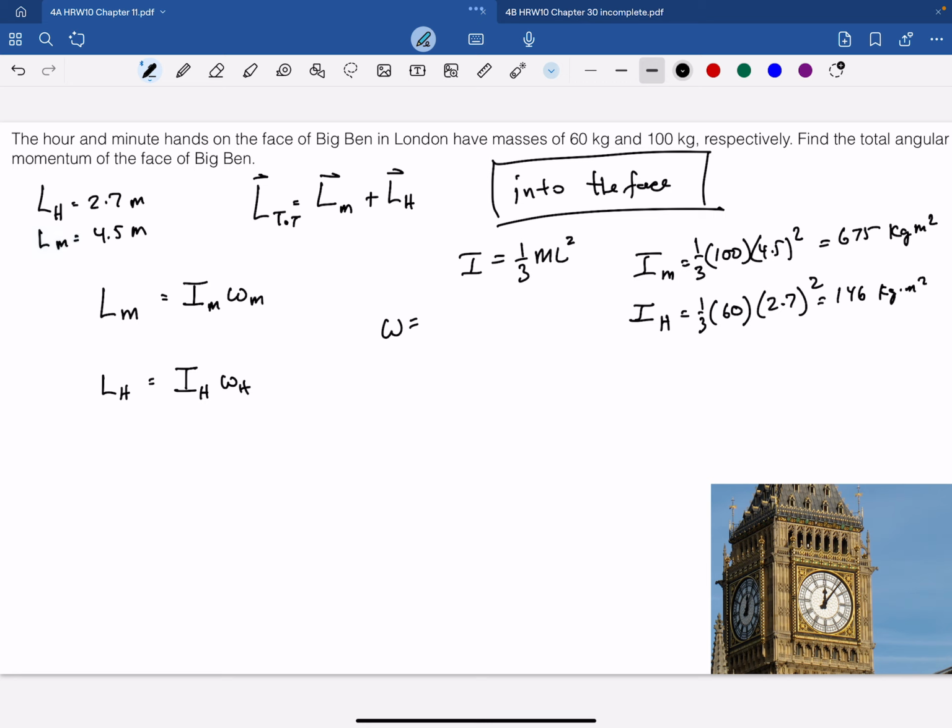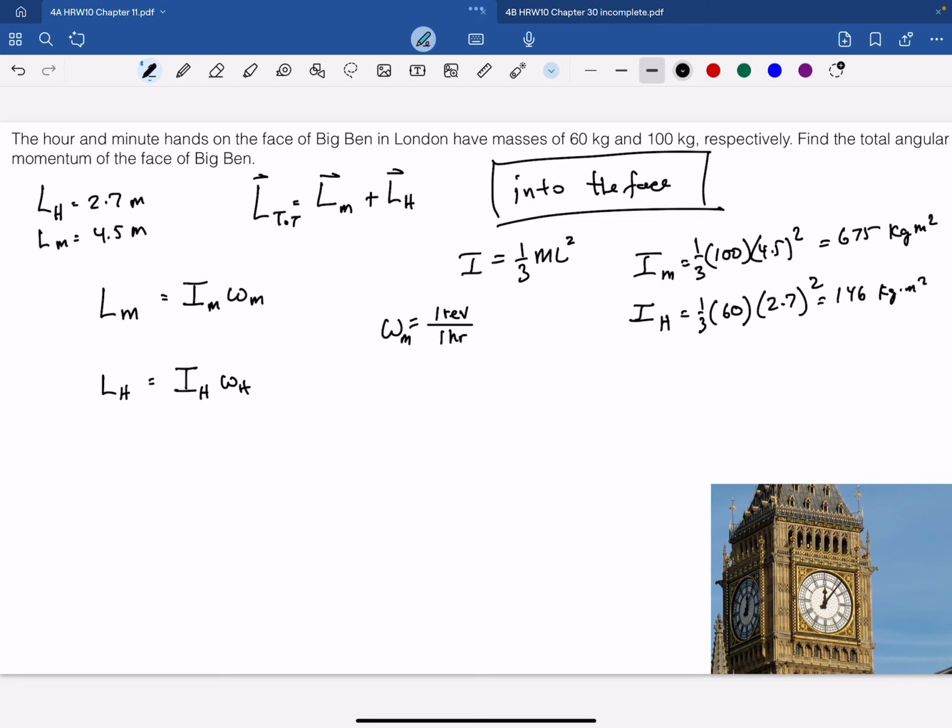For the minute hand, the angular speed is 1 revolution around the clock face every hour. Not minute, right? The minute hand, which tells us what minute it is, goes around once per hour, dividing the hour up into 60 minutes. Blame the Babylonians.